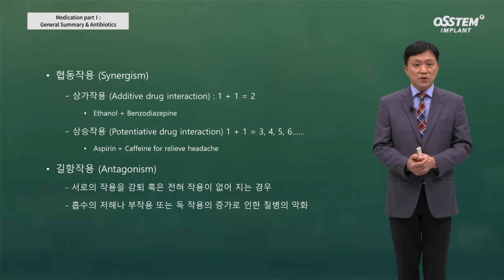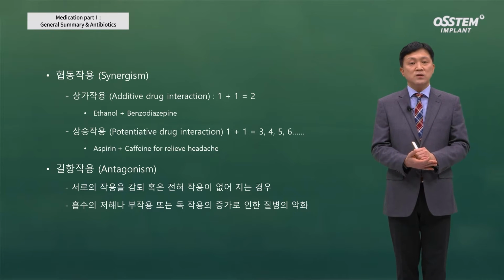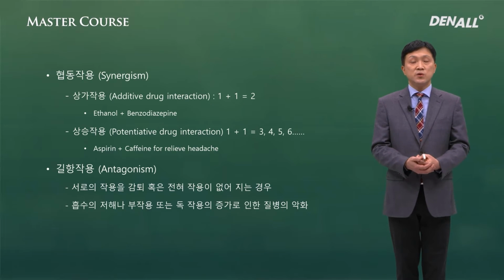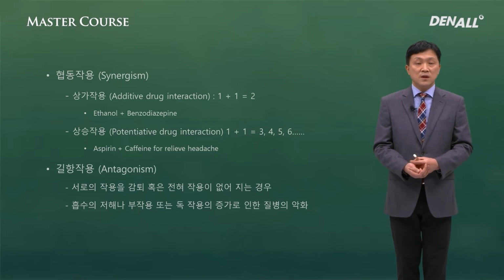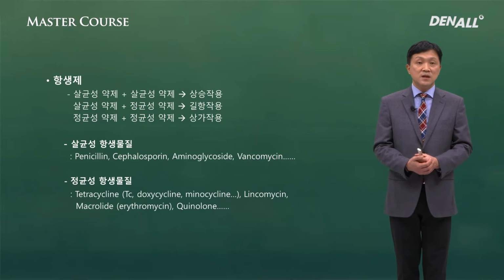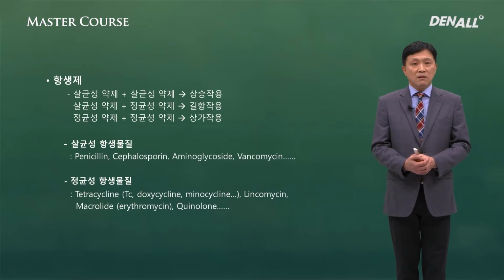On the other hand, antagonism, the drugs would nullify or reduce the effects of other drugs, so there is no reason why we need to use the antagonist drugs. When we use antibiotics, potentiative interaction or antagonism interaction is something we can experience. We already know bactericidal effects.